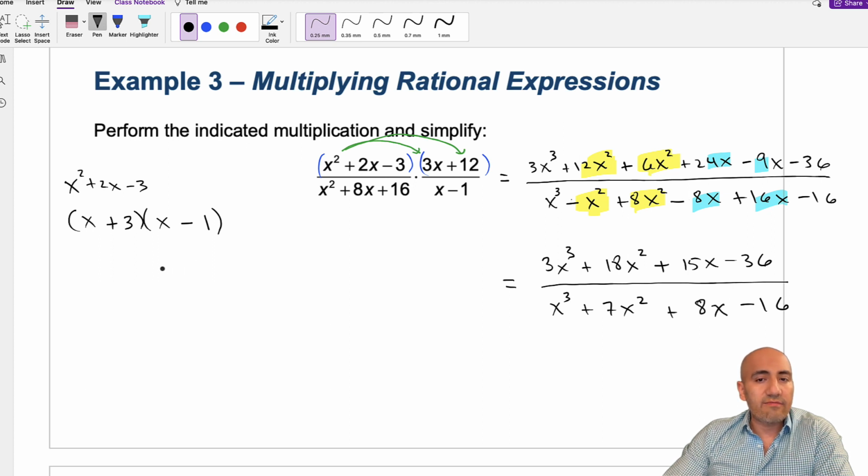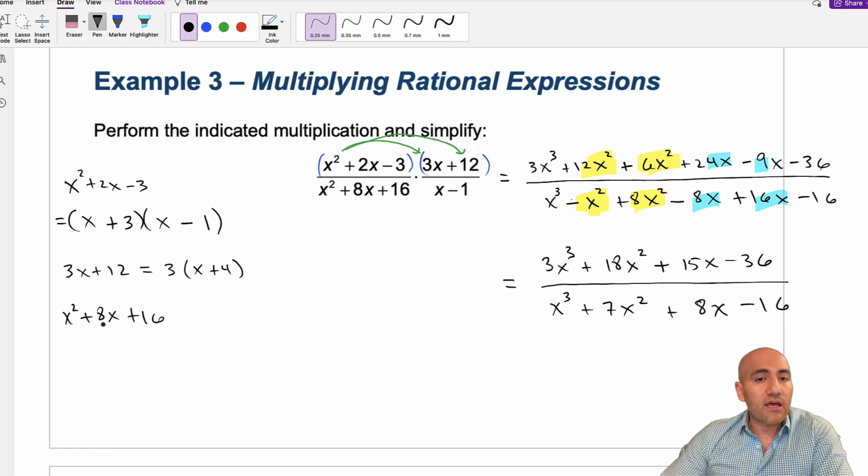Okay, next we got to factor the 3x plus 12, and well, they only have a 3 in common, so we can just factor that out as 3 times x plus 4. Good. This one equaled that one. And then x squared plus 8x plus 16. Again, this is a trinomial. Leading term is a 1, so we just need two numbers to multiply to 16 and add to 8.